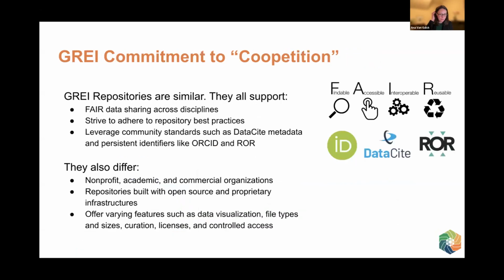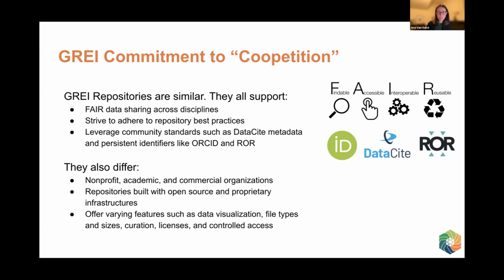The generalist repositories participating in GRAE are in many ways similar, but we also are different in some ways. We all support FAIR data sharing across all disciplines, and we strive to adhere to repository best practices, including those outlined by NIH and OSTP. We also aim to leverage existing community standards. We all work with DataCite metadata and use common persistent identifiers like ORCID and ROR, which you've already heard about during this meeting.